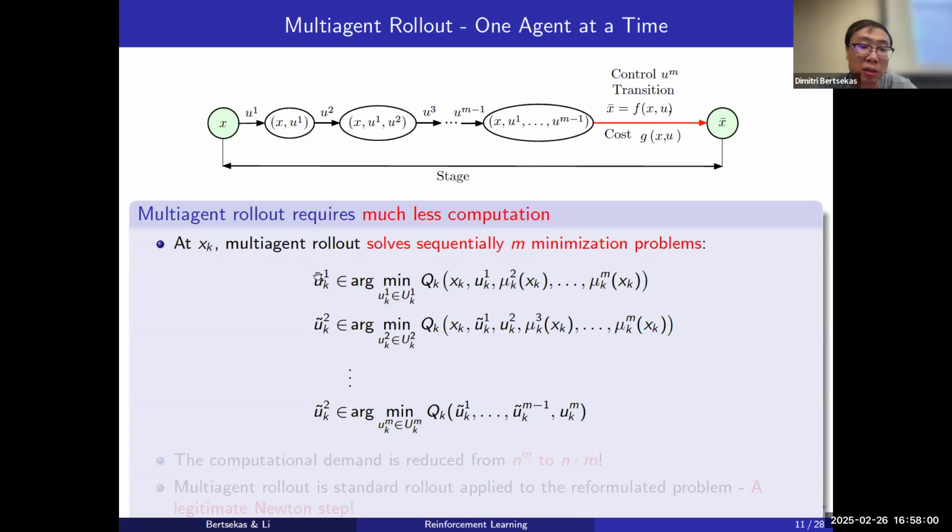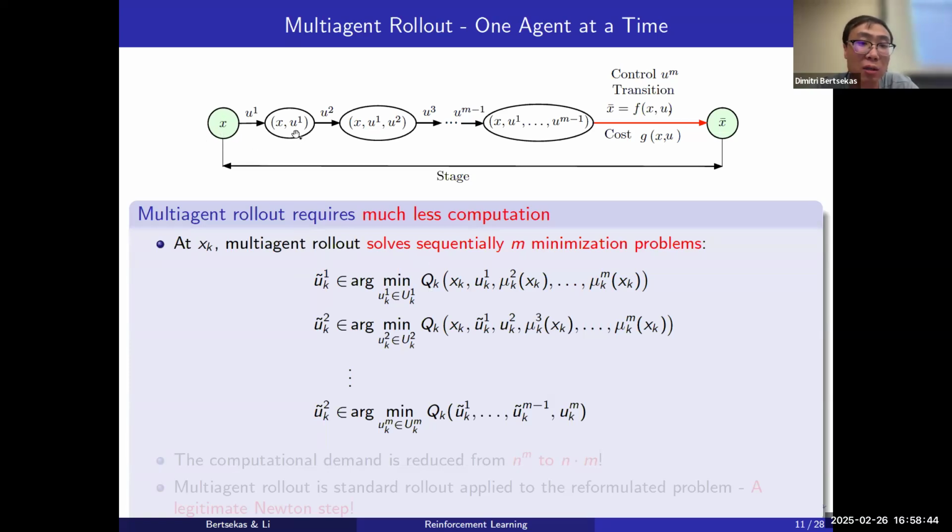So at this point, it evaluates the Q factors corresponding to all uk1 within the constraint set Uk1, whereas all the subsequent control components are fixed at the base policy control. And by doing so, we can find a control that minimizes all those Q factors with all the subsequent ones fixed at the base policy and optimize the first component.